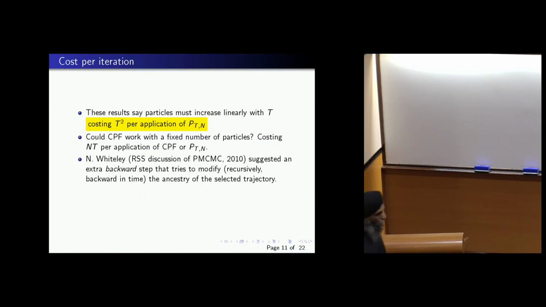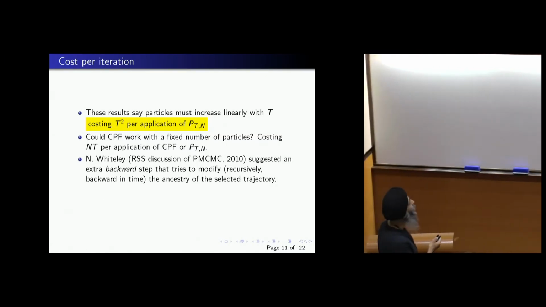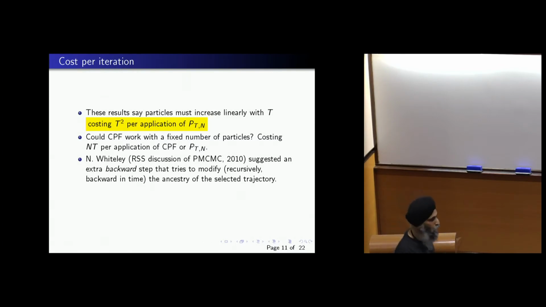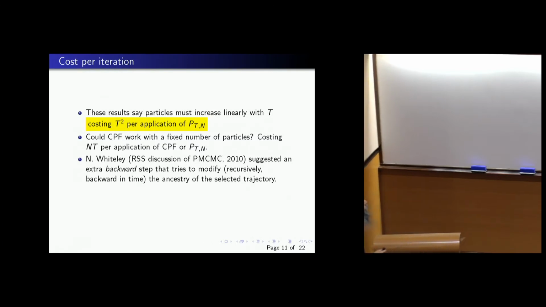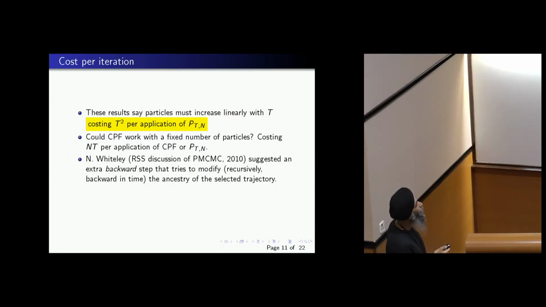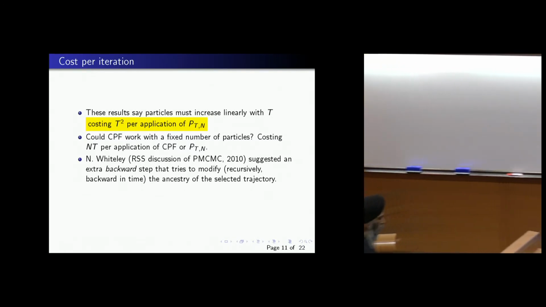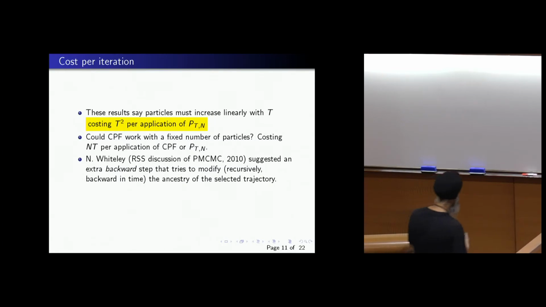I should also mention that if you're not a stickler for theoretical verification, then Nick Whiteley, in his 2010 discussion of the PMCMC paper, suggested the use of backward sampling, which is well known within particle methods to enhance their performance.